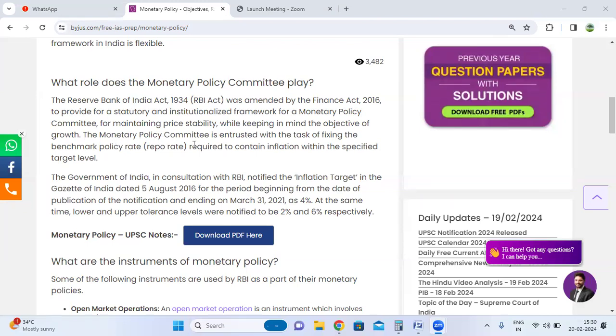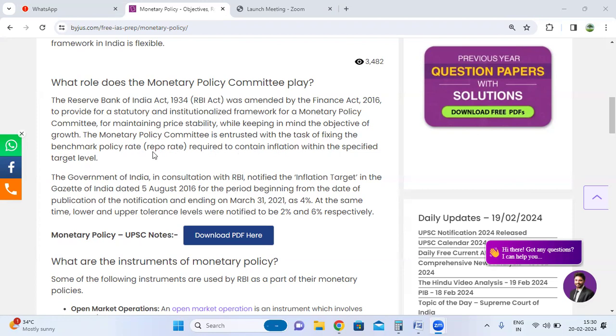The Monetary Policy Committee is entrusted with the task of fixing the benchmark policy rate, the repo rate, required to contain inflation within the specified target levels.